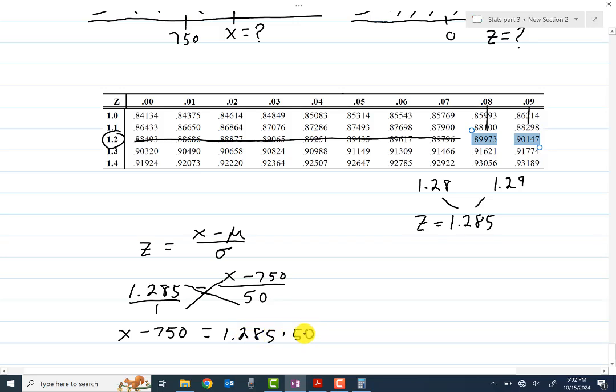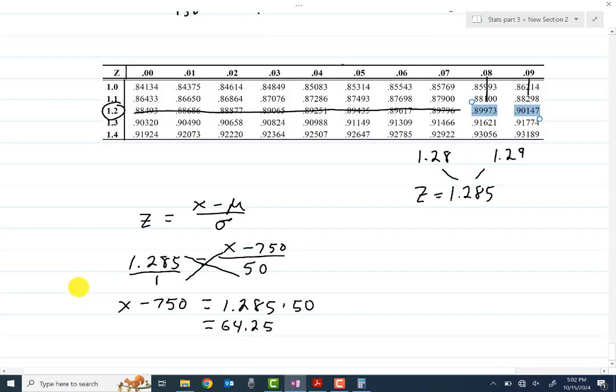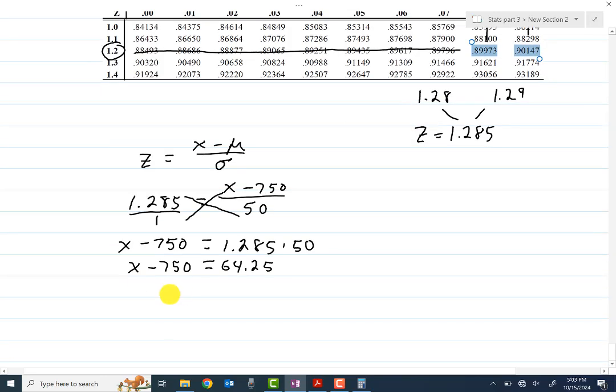So 1.285 times 50. And then to finish it off, you need to add 750 to both sides to get the value of x. That was the thing they actually wanted us to say.